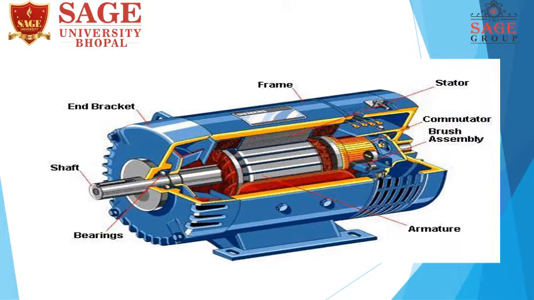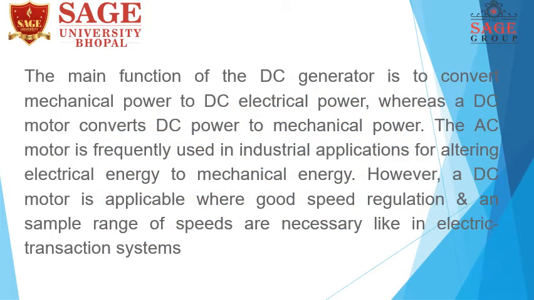This is a picture of a DC motor and its parts, and some functions of a DC machine. If the DC machine works as a generator, it converts mechanical power to electrical power, and if the machine works like a motor, it converts electrical power to mechanical power.